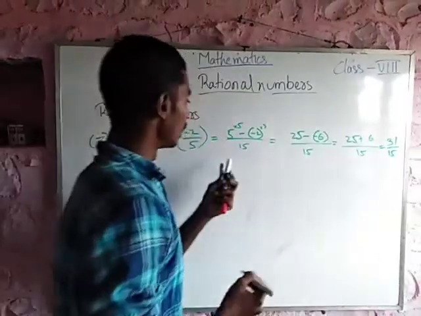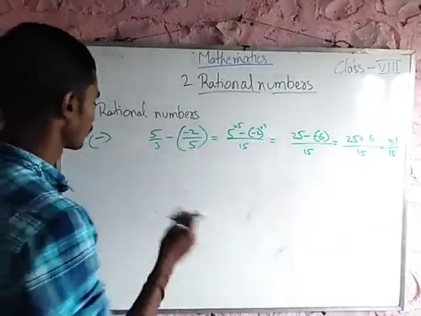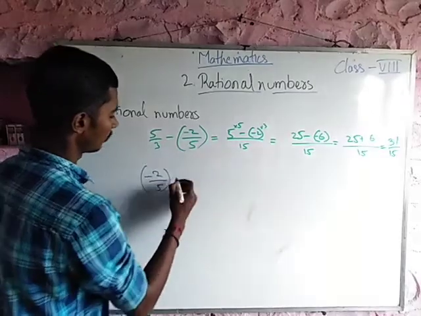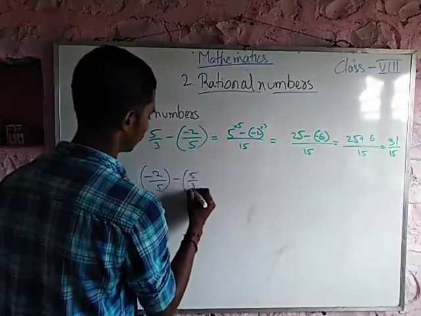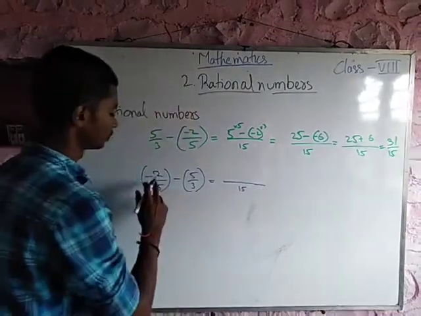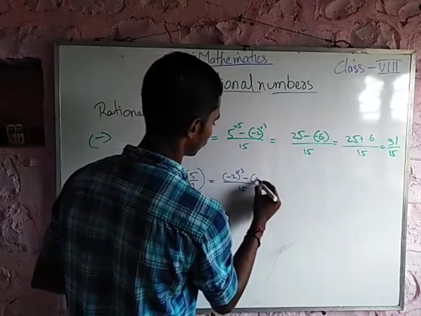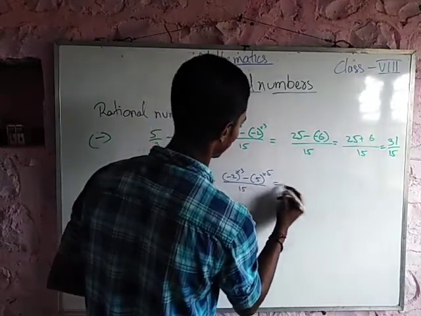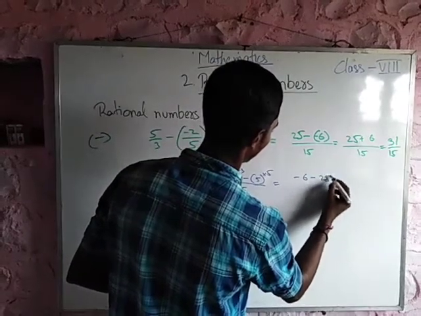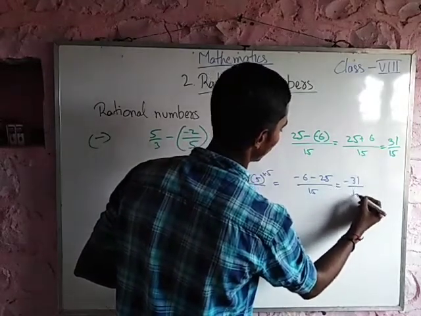Okay, with a minus b I got some result. Now I will check for b minus a. Minus 2 by 5, this is b, minus of 5 by 3, this is a, will give me 15, minus 2 into 3 minus of 5 into 5 is equal to minus 6 minus 25 by 15, which is equal to minus 31 by 15.